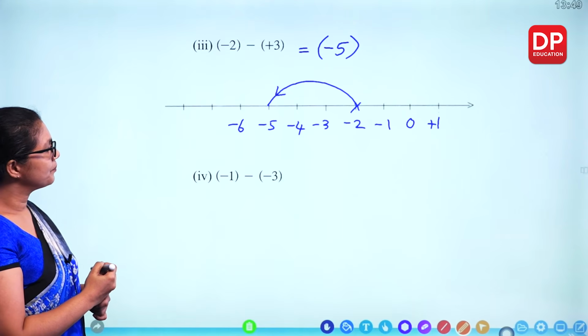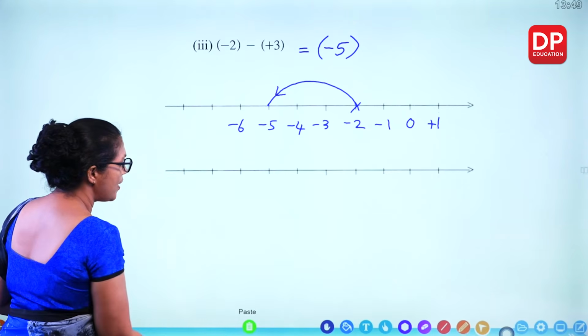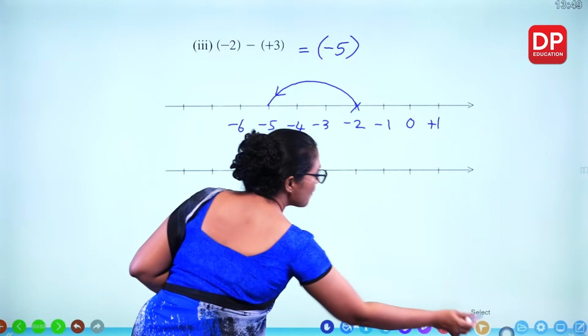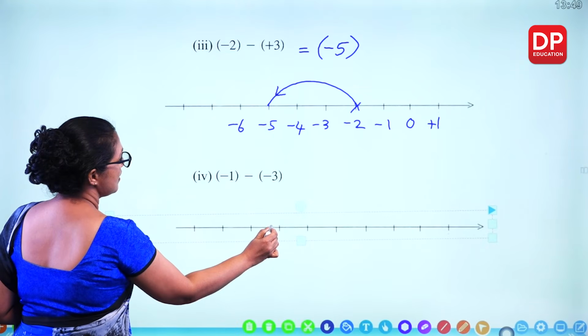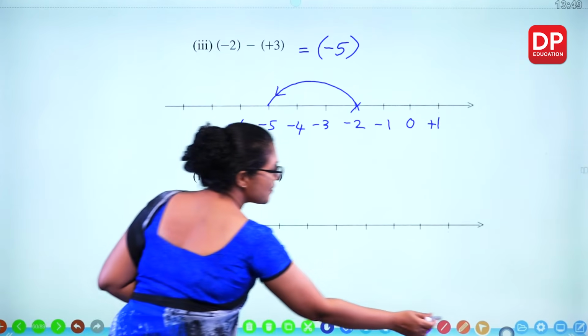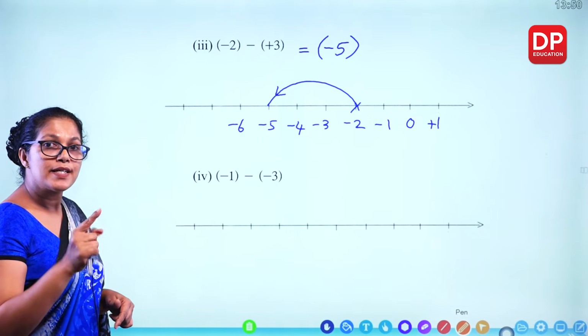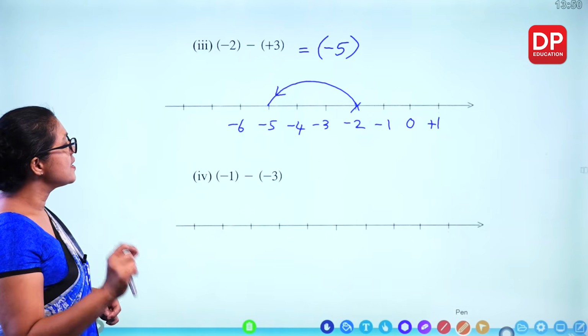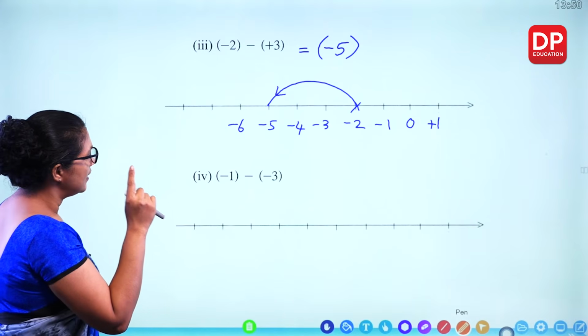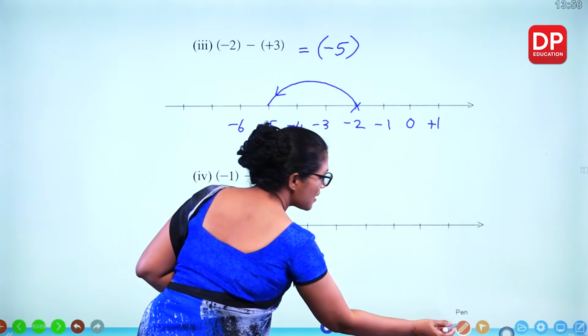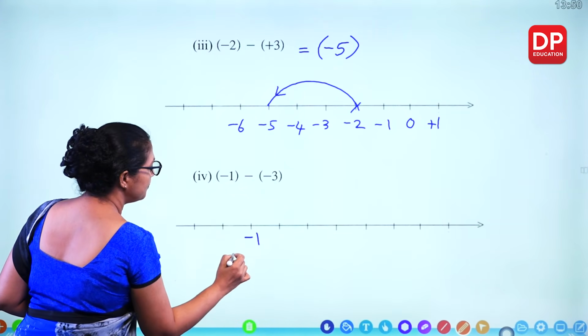This one, -1 and -3. So what you have to do, starting with minus and minus means moves towards right side. So I'll start -1 somewhere here.